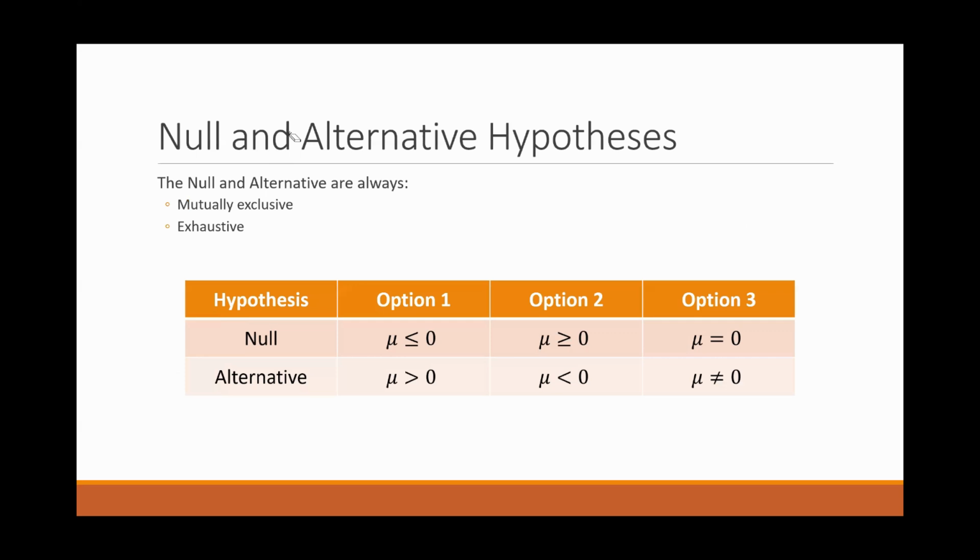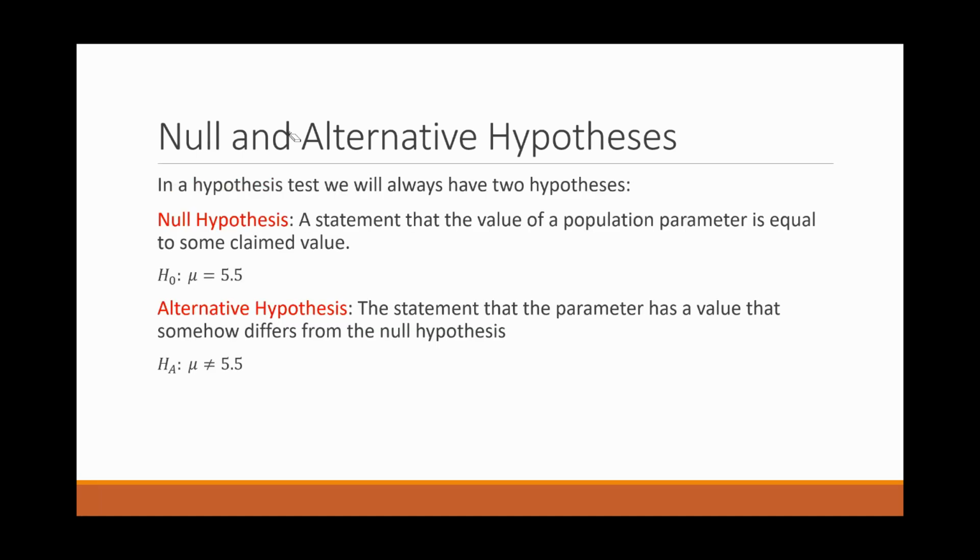By that I mean we're going to state hypotheses where either one or the other is true, they both can't be true, and there can't be some other third option that's true. A null and alternative hypothesis are always mutually exclusive, they cannot both be true, and exhaustive. There's no scenario that is not reflected in one or the other.